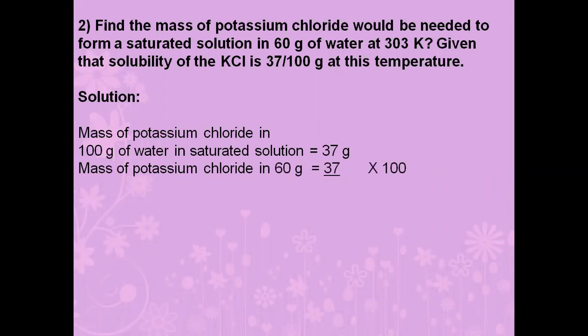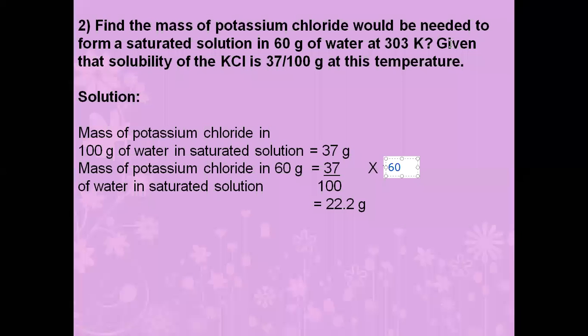So mass of the potassium chloride in 60 gram equal to 37 divided by 100 into 60. So the answer is 22.2 gram.